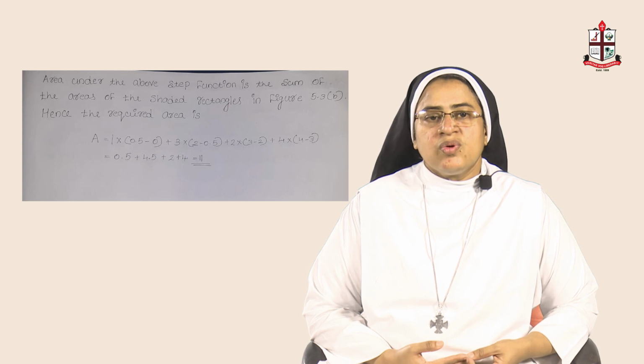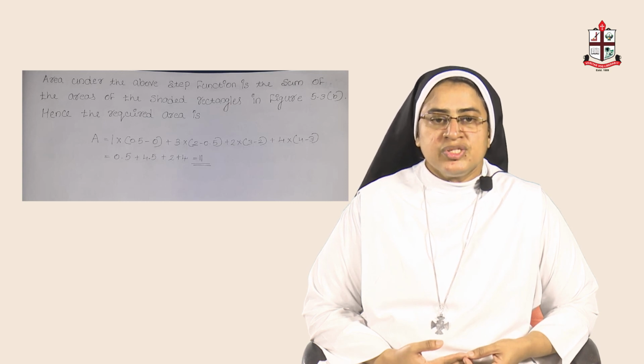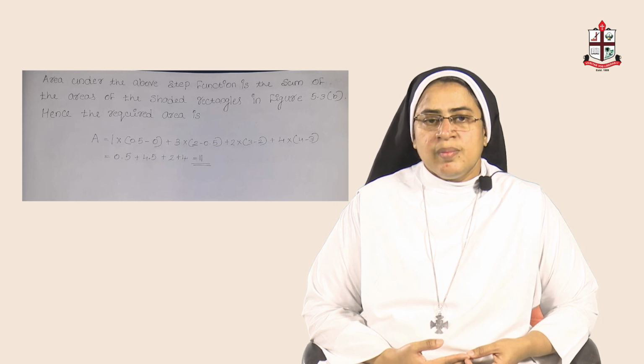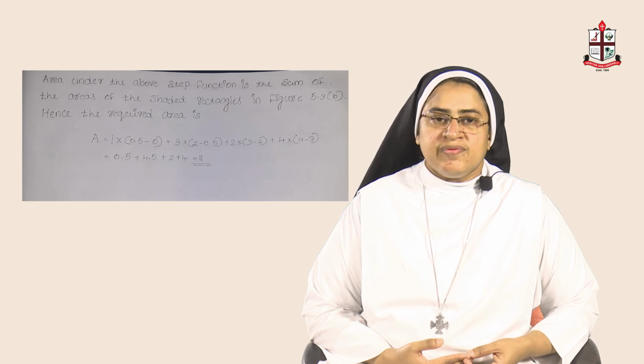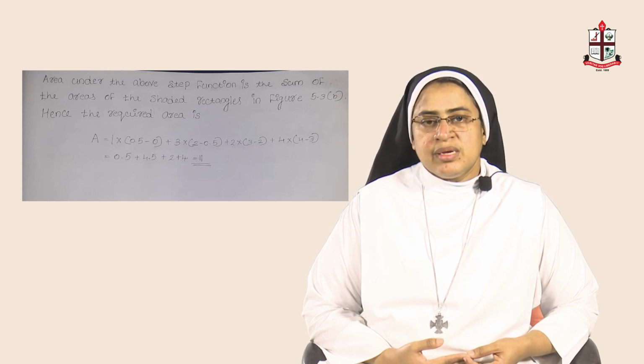So, the area could be now written as 1 into the difference in the interval 0.5 minus 0, plus the next value of g, 3, into 2 minus 0.5, the next subinterval, plus the next value of g, 2, into the next subinterval 2, 3, so 3 minus 2.